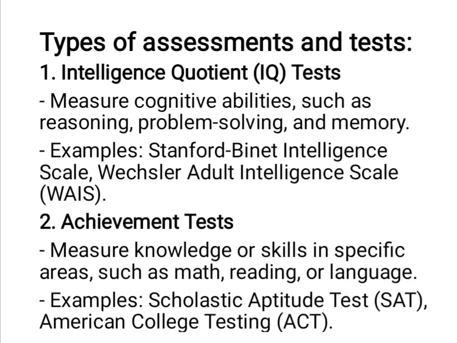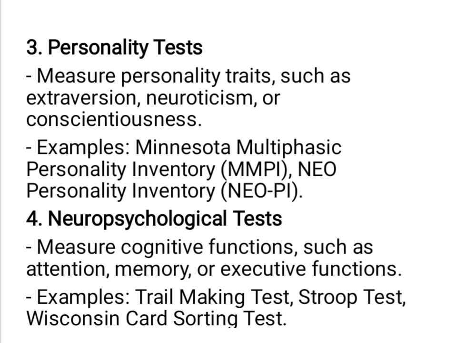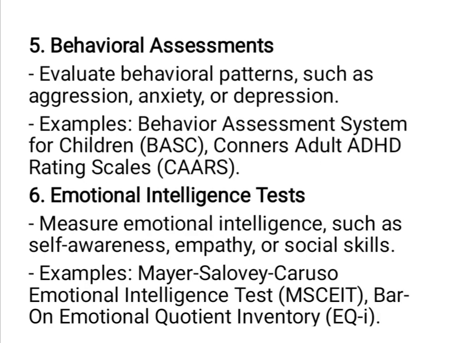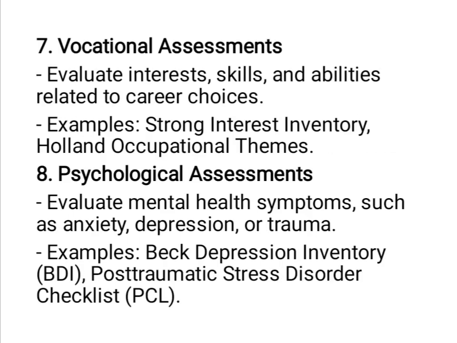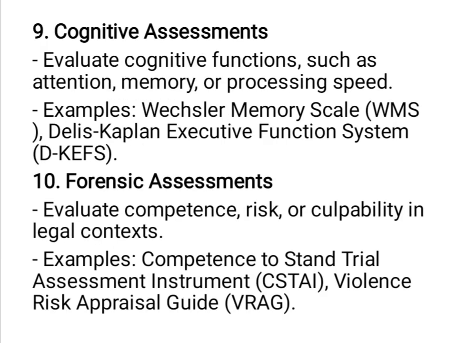So you are able to also do the test on the achievements, neuropsychology, personality tests, behavioral assessments, emotional intelligence, and vocational assessment. Because counseling has got different areas. Someone may have a challenge on vocation, another one may have a challenge psychological, and there is a challenge cognitively.